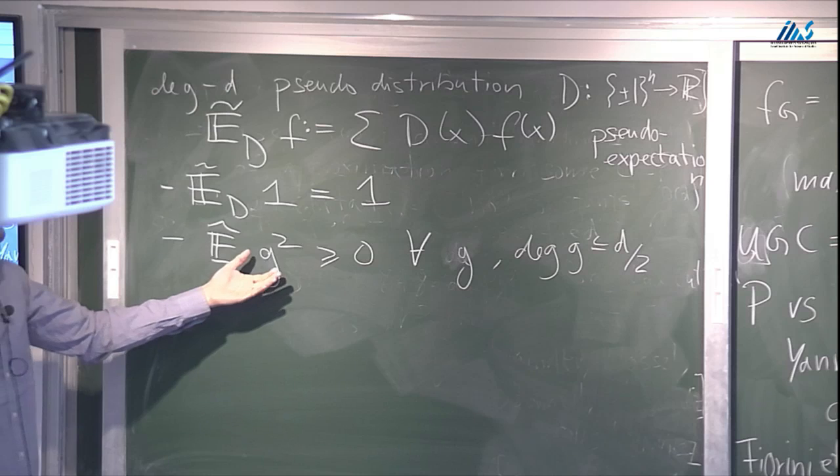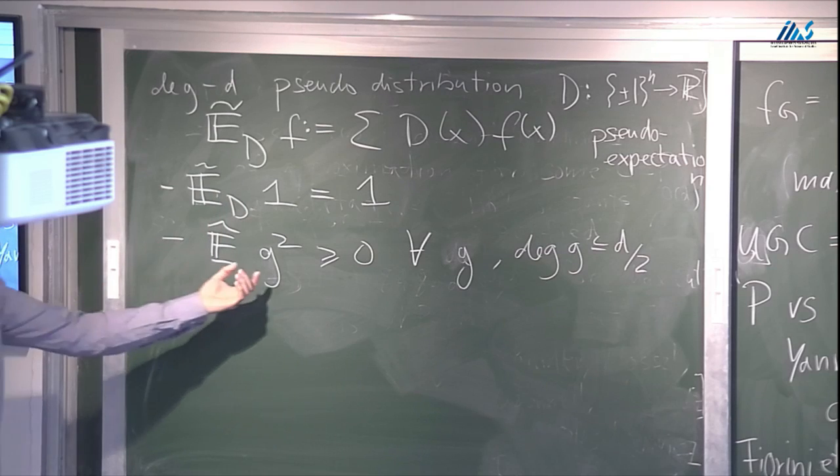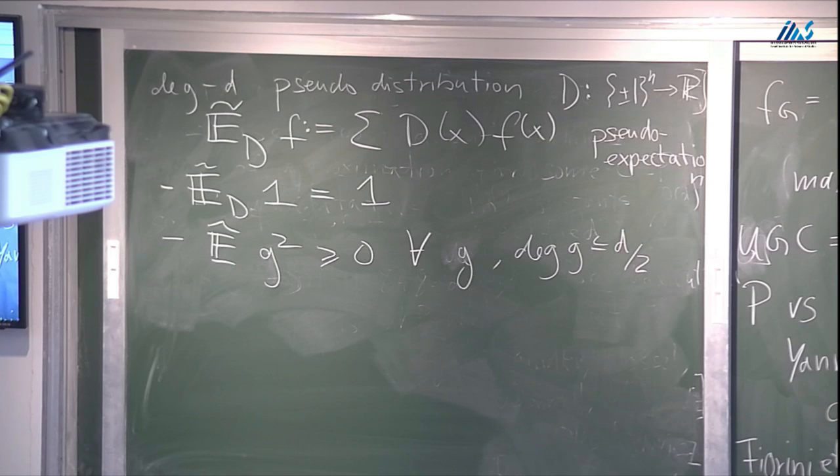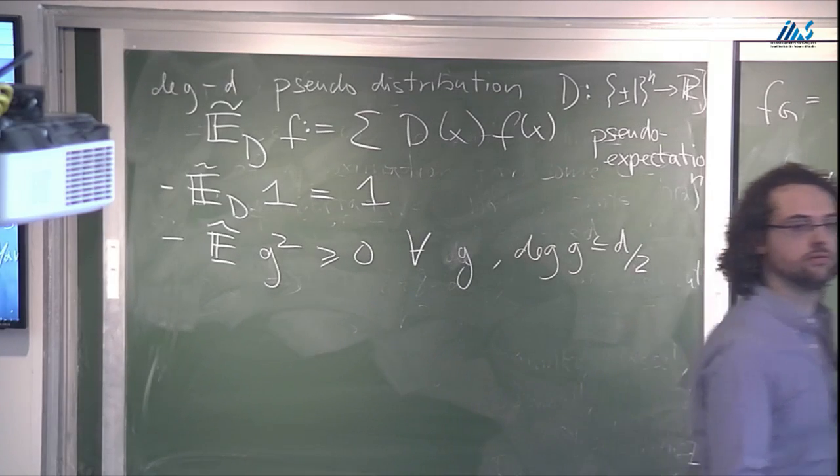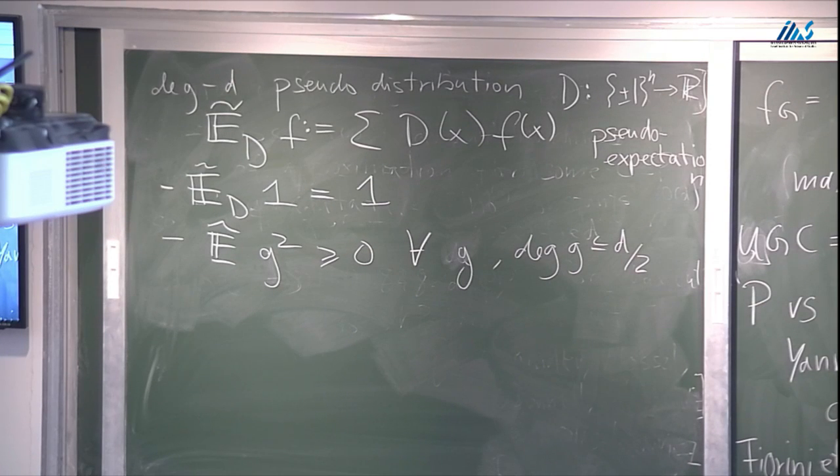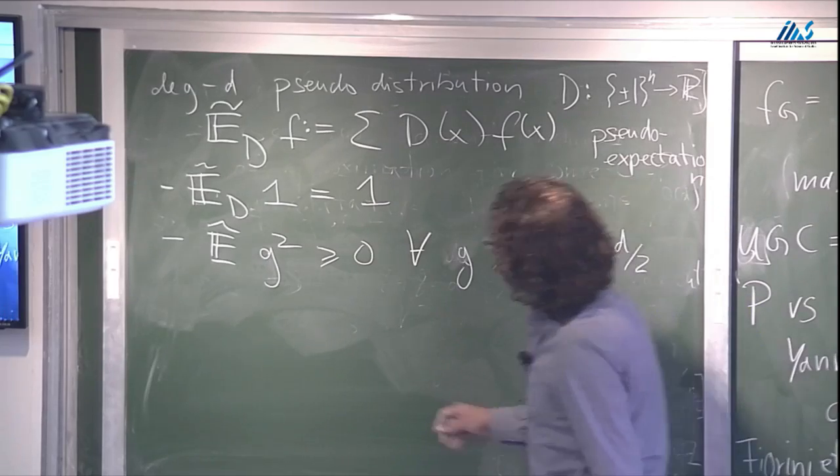It's enough that we may assume that D itself, big D, is itself of degree at most d. Because all the conditions are on the low-degree part, everything else is orthogonal. Yes, exactly. And so what's the theorem here?